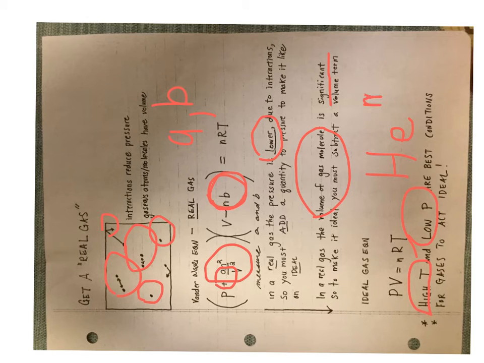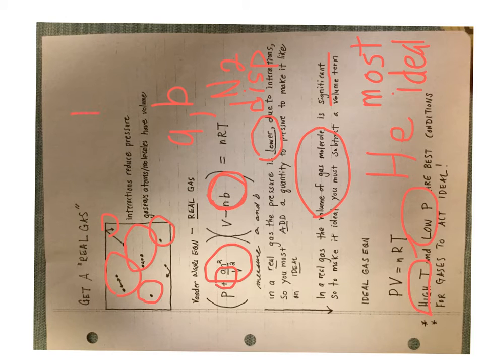So helium would be one of the most ideal gases. On the other hand, N2 is nonpolar, but it does have a lot of electrons, so it's going to have some dispersion forces as well, and they would be stronger than those of helium, so N2 would be a less ideal gas.